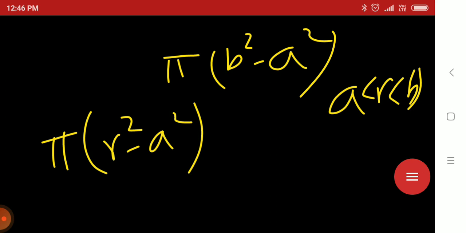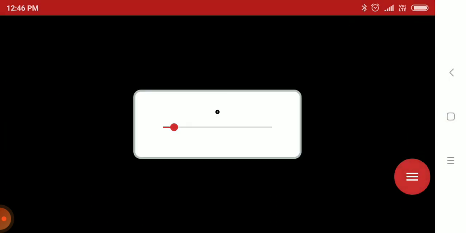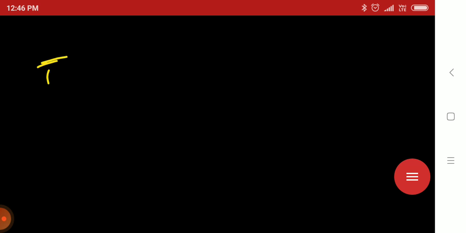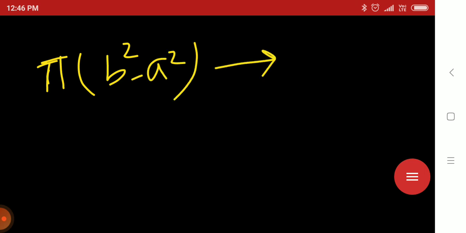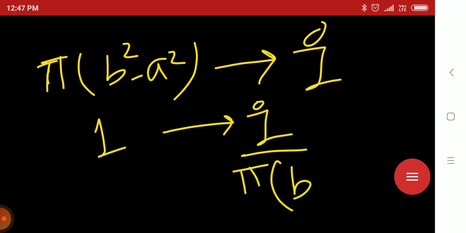So what can we write as I enclosed? In the pi b square minus a square area, the current I is there. So per unit area, the current is I by pi b square minus a square.